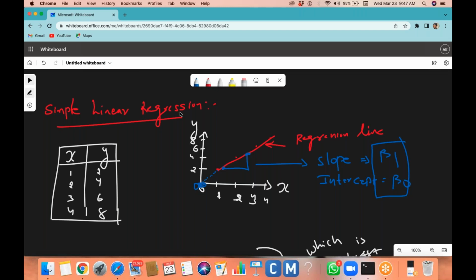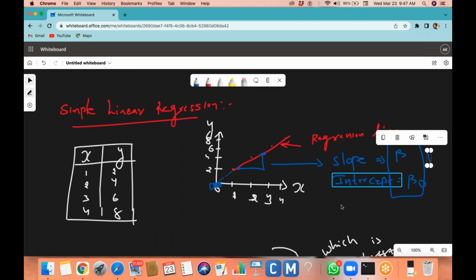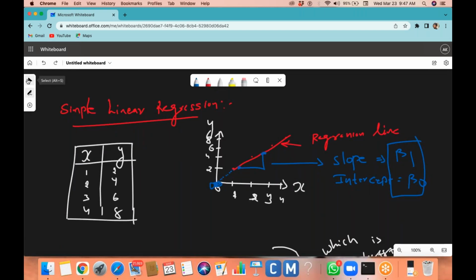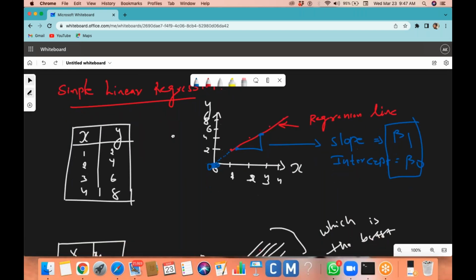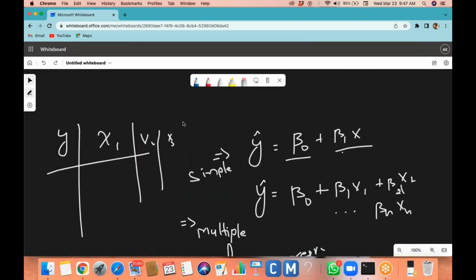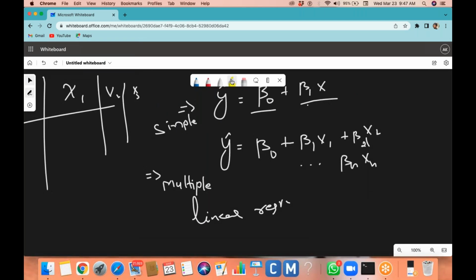We have to calculate b naught and b1. Yes or no? Yes, sir. Even if it is simple linear regression or multiple linear regression, you have to find out these coefficients only. That's it.